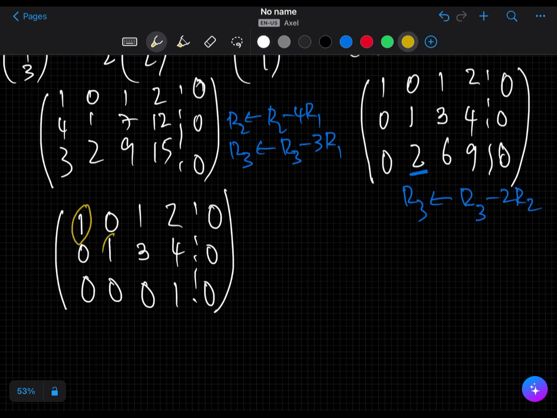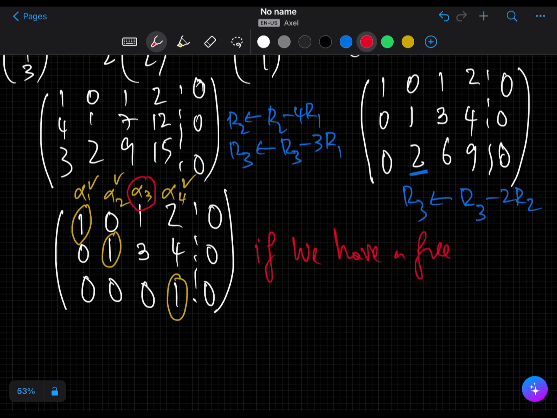Here I have a leading entry 1, another leading entry 1, and another leading entry 1. So I have alpha 1, alpha 2, alpha 3, and alpha 4. I can see that alpha 1, alpha 2, and alpha 4 are fixed variables or pivots, but alpha 3 is a free variable. If we have a free variable, what does that mean?